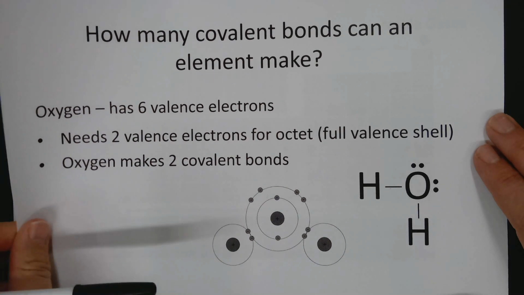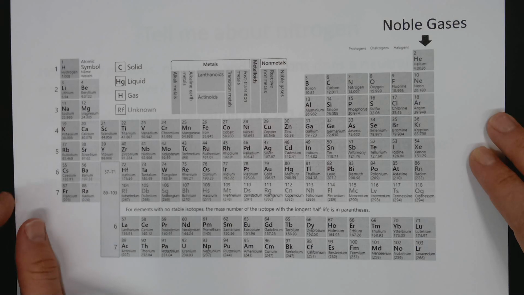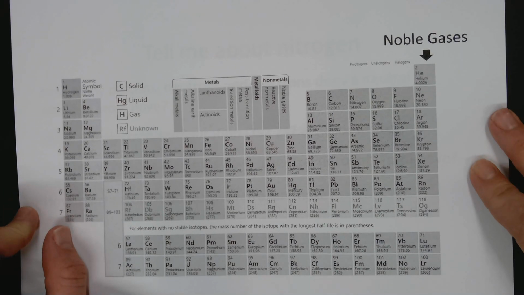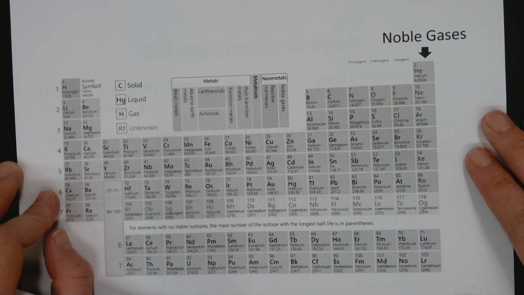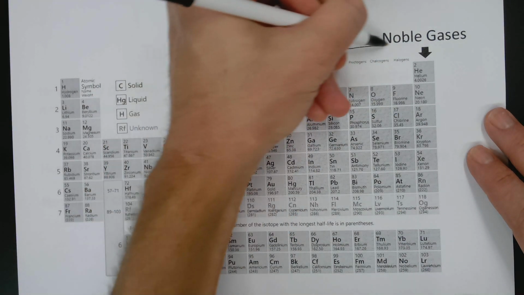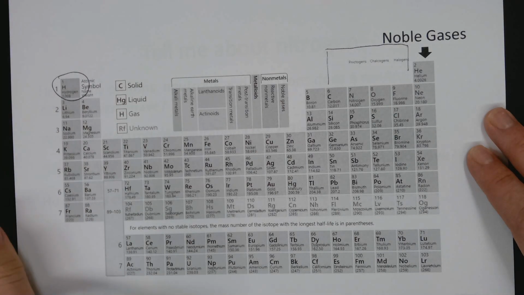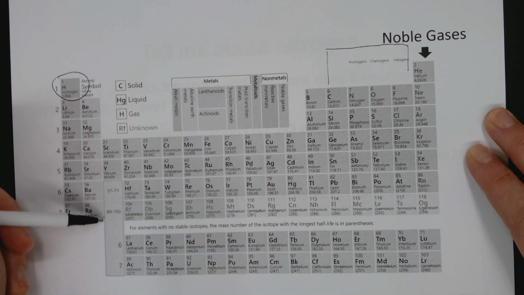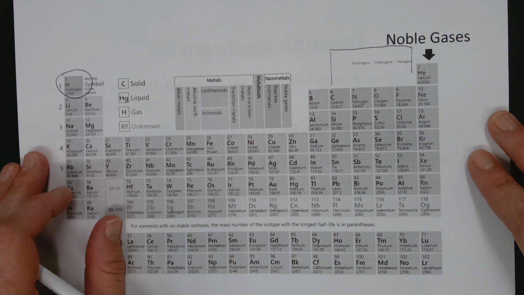So generally speaking, you can use the periodic table to predict how many covalent bonds an element is going to make. Generally speaking, we're going to be dealing with elements in this area of the periodic table, and then also hydrogen. Again, when we're dealing with these metals on the left side, those are typically going to form ions or ionic bonds.